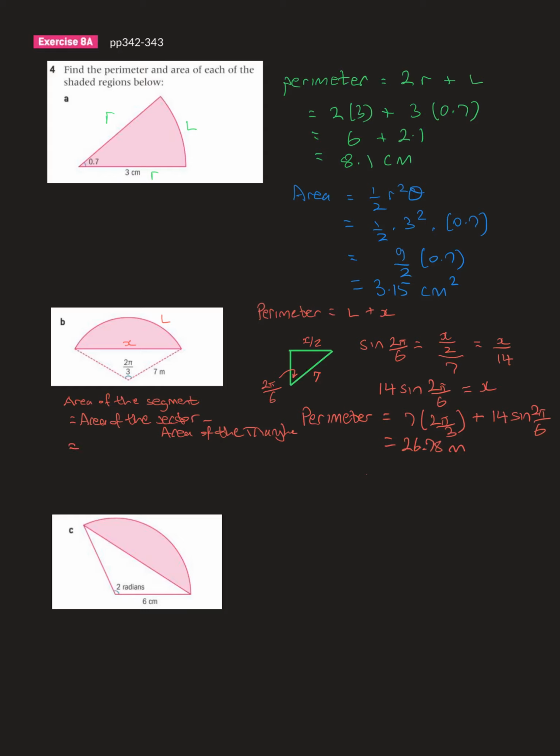Now the area of the sector we know is a half r squared theta, and so we're going to minus that from, now we're going to find the area of that white triangle. Now the area of that white triangle is just half the base, which is half of X, times the height, and the height is, we can calculate from that triangle there, times height, H. Just write that in over here, H.